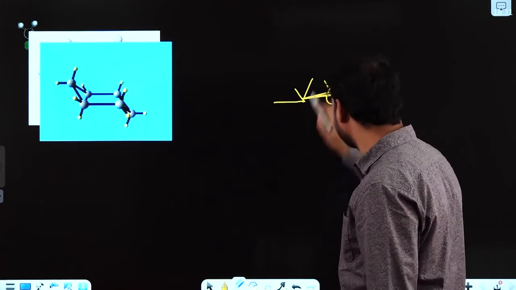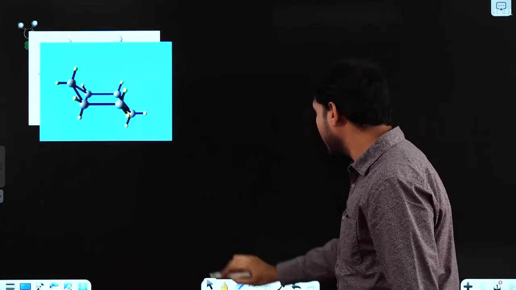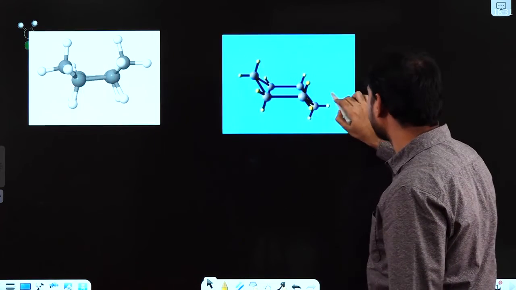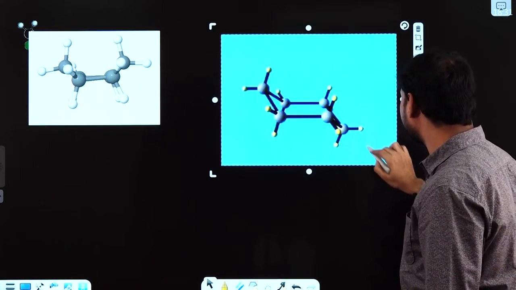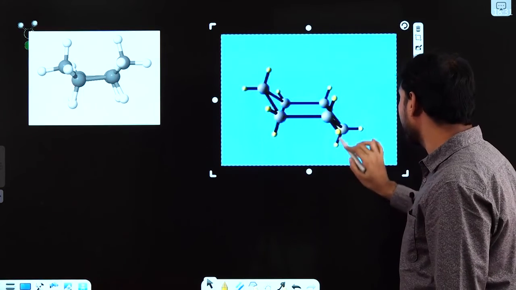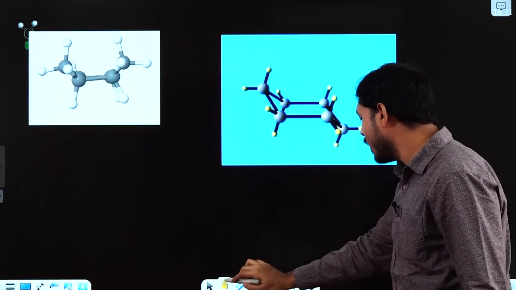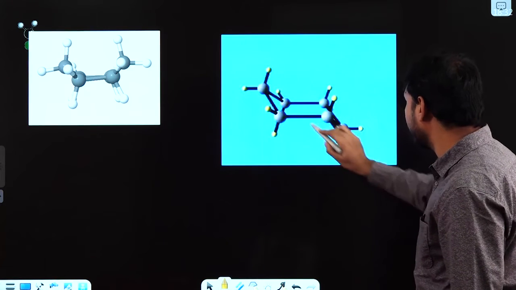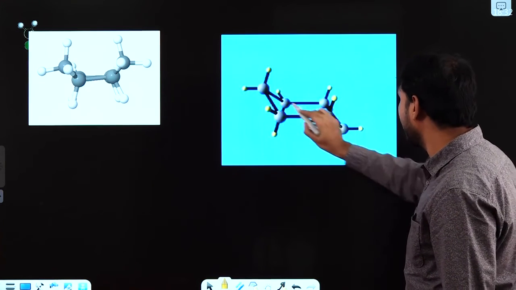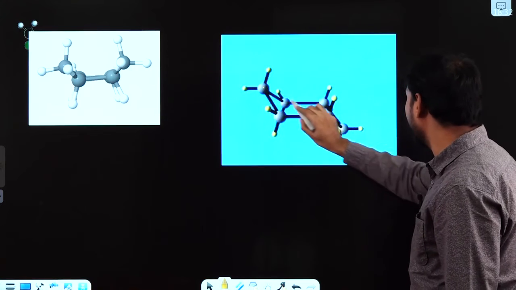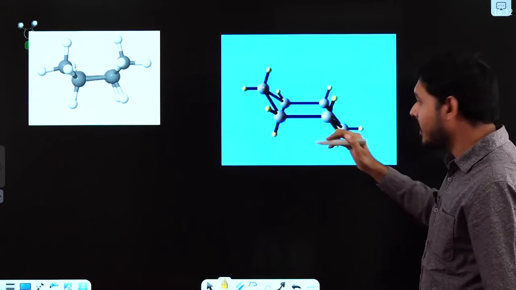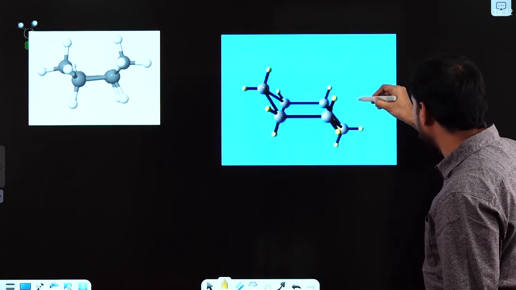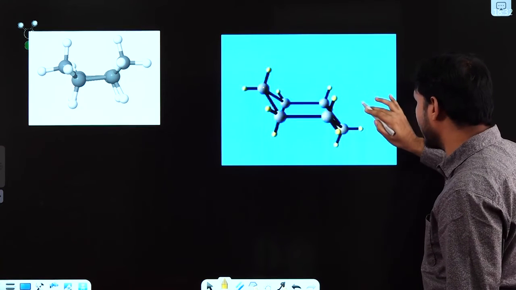Let's take another example. Now what is this? This is our chair conformer. Here I am trying to explain the entire part. See, this is your perfect chair. This is your head, this is your tail, these 4 atoms. What happens if this part comes to the upward side? It will become half chair.